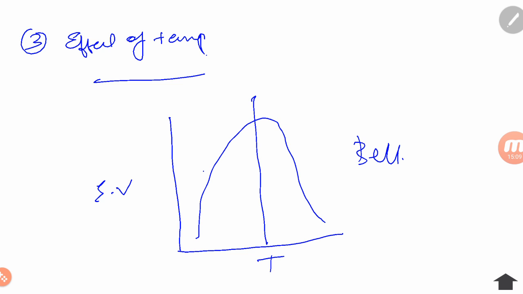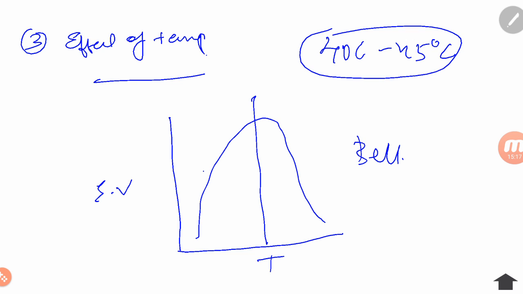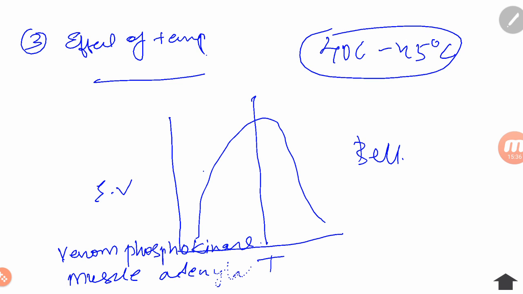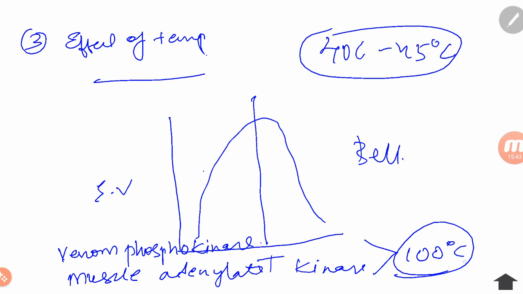And the optimum temperature at which the majority of the enzymes in the human body are active is 40 to 45 degrees centigrade. This is an important MCQ. But there are a few exceptions: venom phosphokinase and muscle adenylate kinase, which are active even at 100 degrees centigrade.